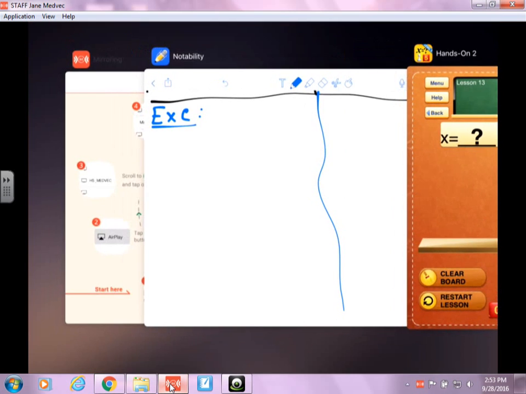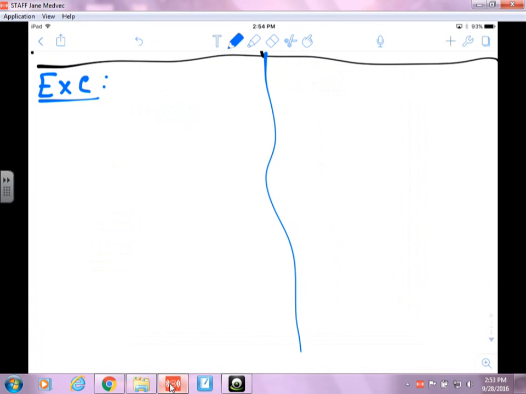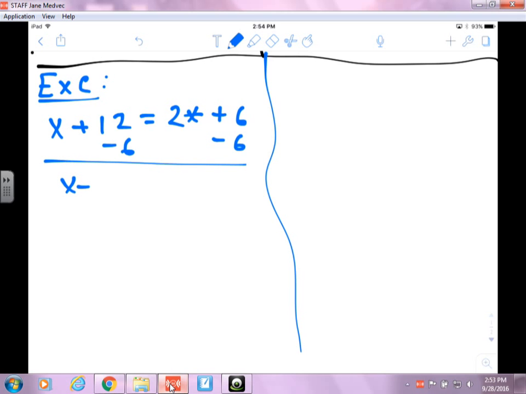So now I'm going to go back to my notes. You're doing your notes, but let's make sure that your notes work with mine. Okay, again, can't combine like terms. Subtract 6. X plus 6 equals 2 star. I'm going to add a star.